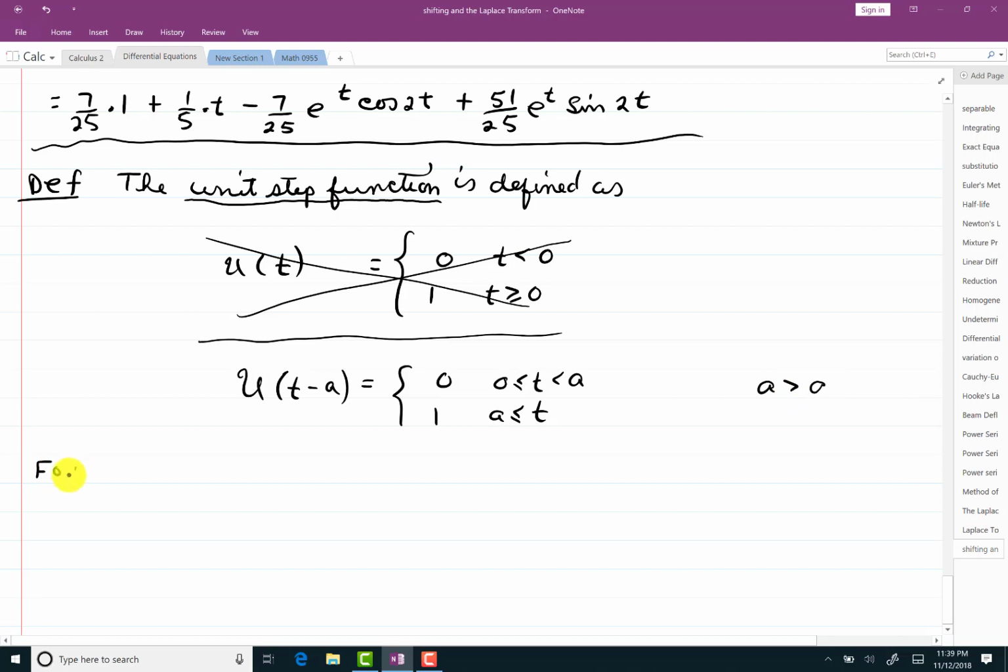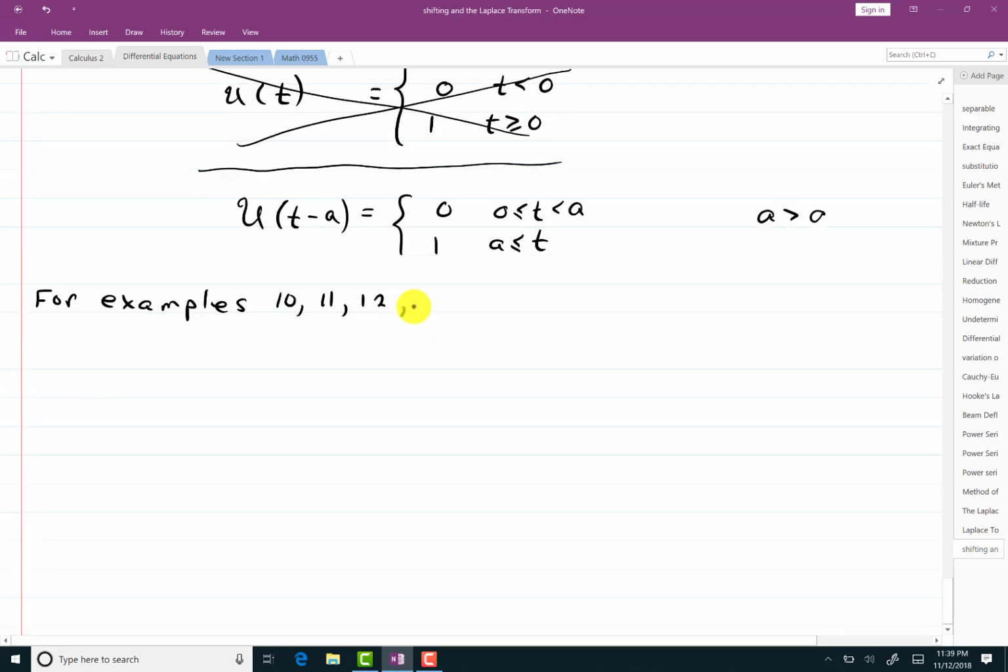For examples 10, 11, and 12, let f of t have the following graph.